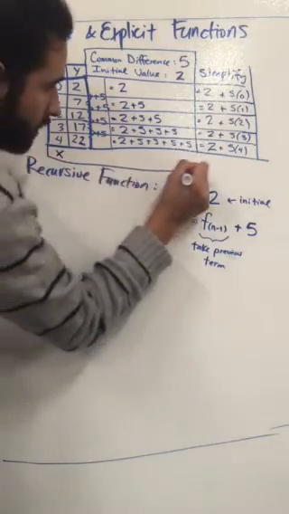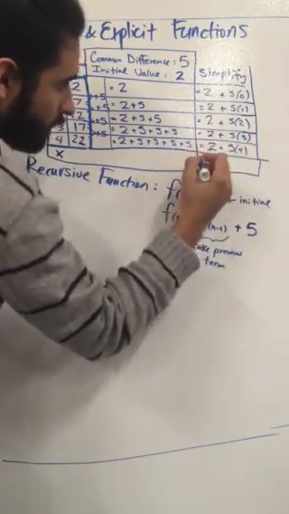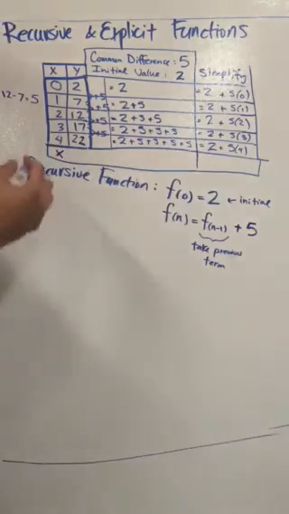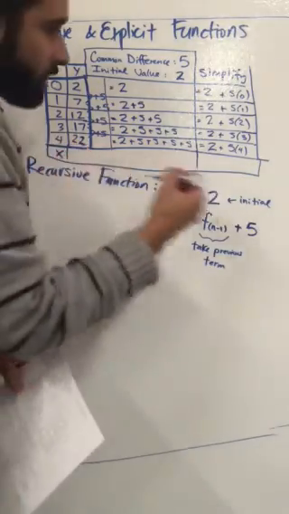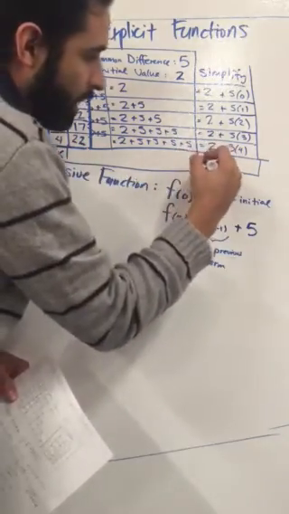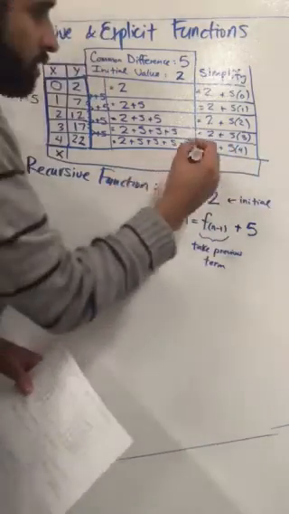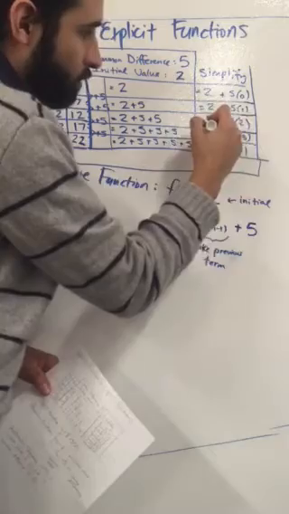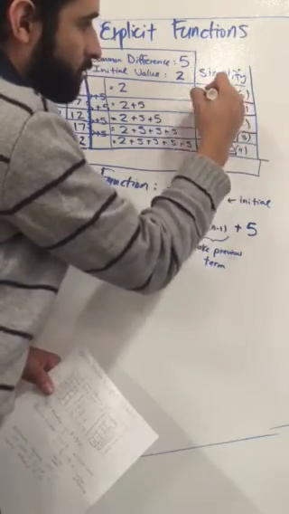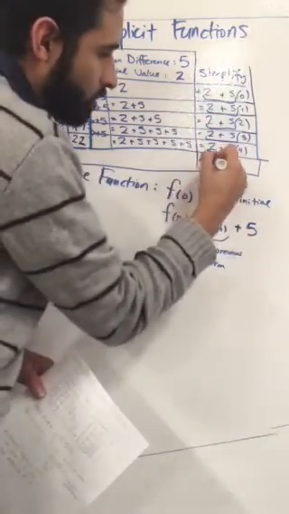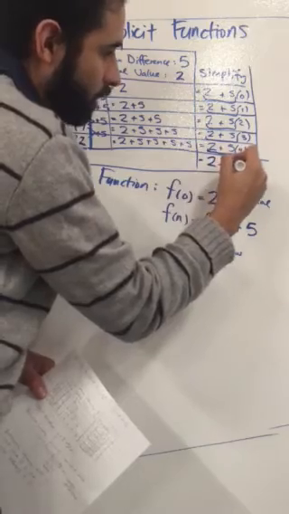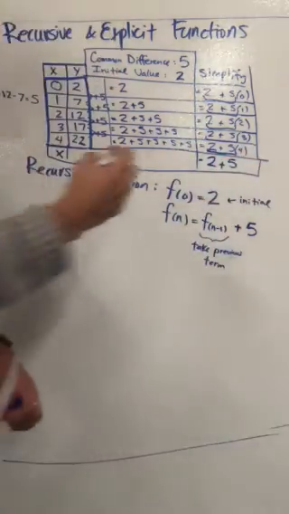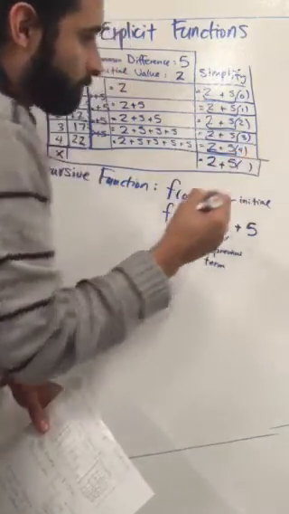All right, so let's add a row down here. If I have to write this for x to get any term, I would say, well, what's common about all of these equations? 2 plus 5, 2 plus 5 three times, 2 plus 5 two times, 2 plus 5 one time, 2 plus 5. So my equation must have 2 plus 5, right, times something.